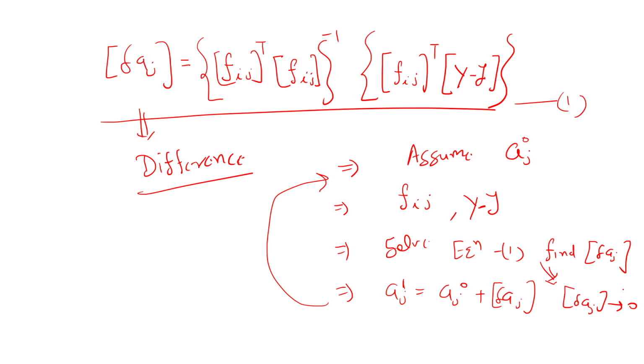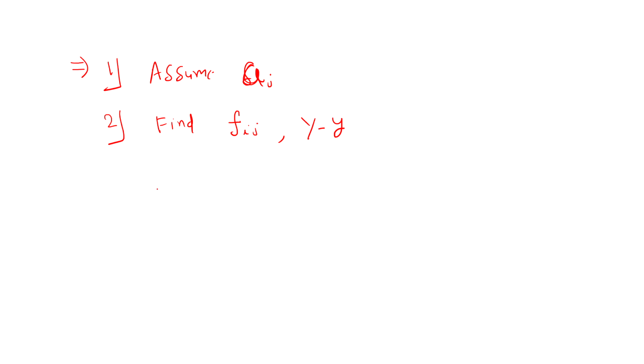So let us write down the algorithm. Step 1, assume Aj. Step 2, find Fij, and Y minus small y.